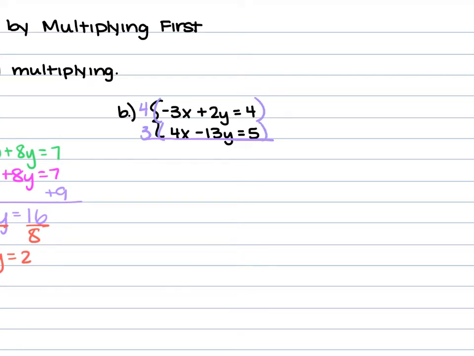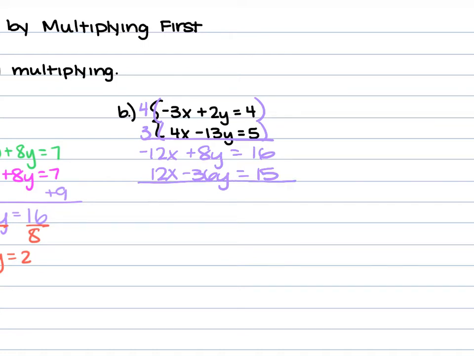So both of these equations are going to change now. If we distribute the 4 into the top equation, we're going to have negative 12x plus 8y is equal to 16. The bottom one, 3 times 4x is 12x. So those are going to cancel. 3 times negative 13y is negative 39y. Oh, sorry, I wrote 36, not 39. And 3 times 5 is 15.